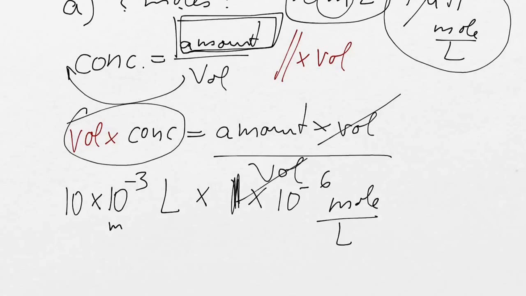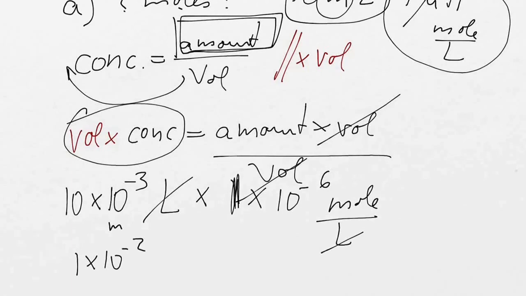Yeah? And actually you see quite nicely the liters cancel out, so what we have got left is mole. So 10 times 10 to the minus 3, I can also write this as 1 times 10 to the minus 2 times 1 times 10 to the minus 6 mole.